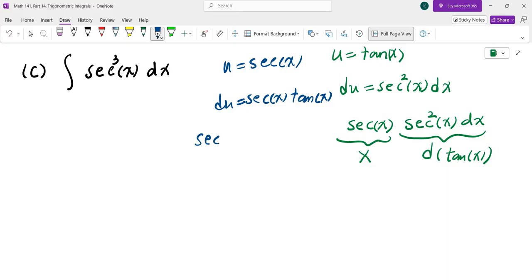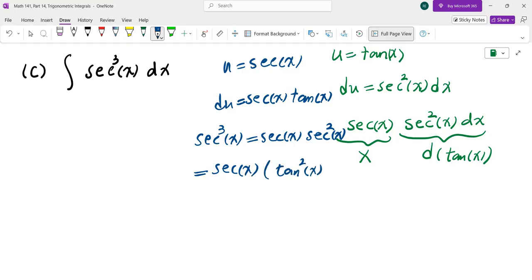So we can write down secant cubed as secant of x times secant squared of x and try to create a tangent there. But secant squared is tangent squared plus 1. So that's going to give us trouble because we don't really have a factor of tangent.